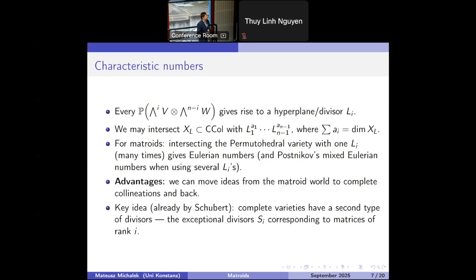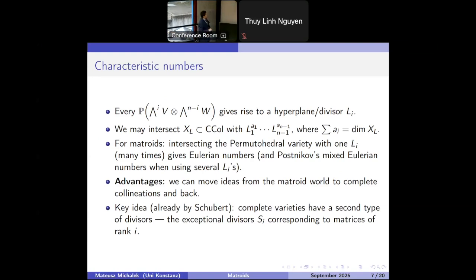And this we can intersect with those divisors. The only thing that we have to keep in mind is that how many divisors we intersect needs to be the dimension of the variety you have. And you get interesting numbers that we called, I think with Austin Conner and also with Rodica Dinu and Tim Seynnaeve, characteristic numbers of a tensor.